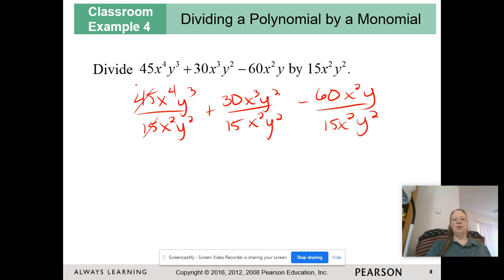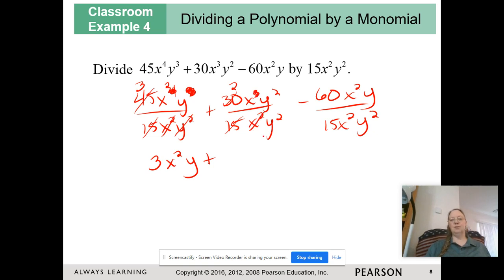15 goes into 45 3 times. I can cancel out 2 of my x's, left with 2 on top. I can cancel out 2 of my y's, and I'm left with 1 on top. So right now I've got 3x squared y. Goes in 2 times. I can cancel out 2 of them.